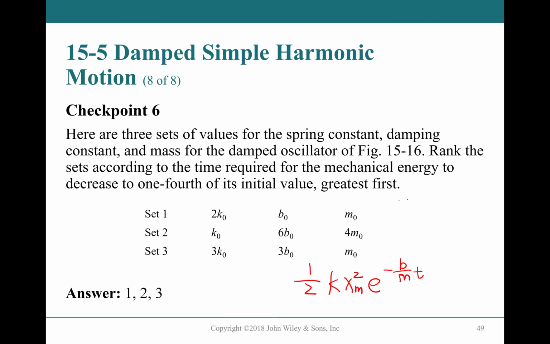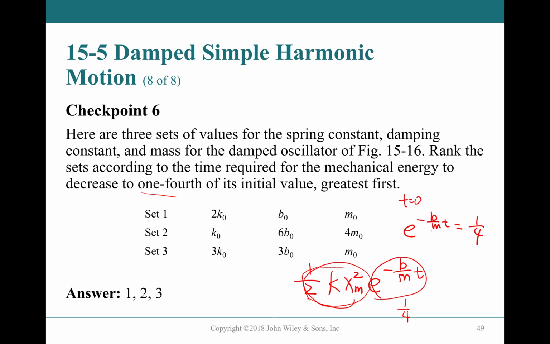So at the initial value, t equals 0, we are going to have this, and then it decreases to 1/4 of its initial value. So you are going to have e to the power of negative b over m t equal to 1/4.